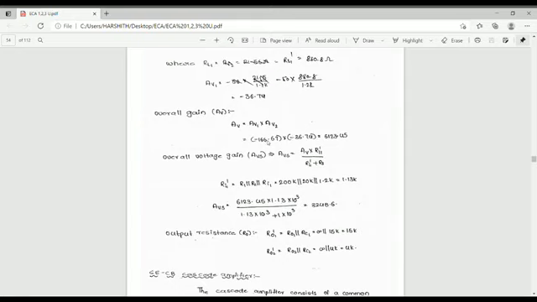So AVS equals AV into RI1 by RI1 plus RS, which becomes 3248.6. And output resistance of the first stage is 15k, and second stage output resistance is the 4k value.